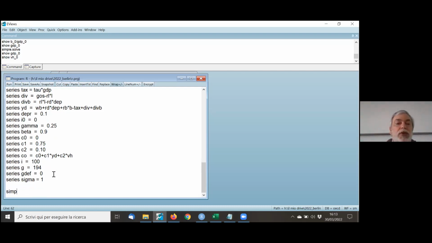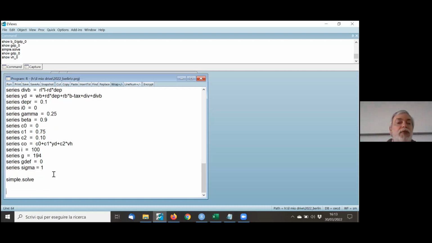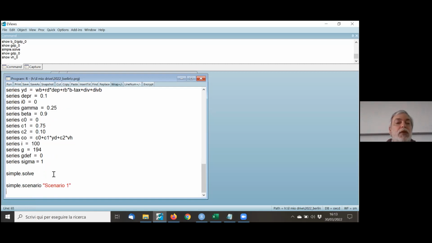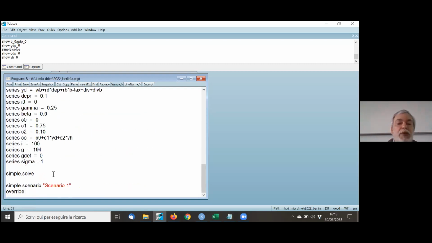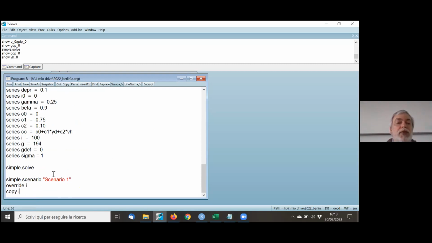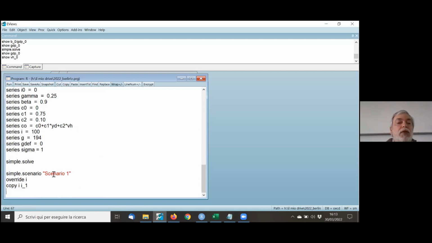So let me do a simple dot solve, and then we can change this scenario and override whatever. Here I is exogenous for the time being, and so I can shock investment.